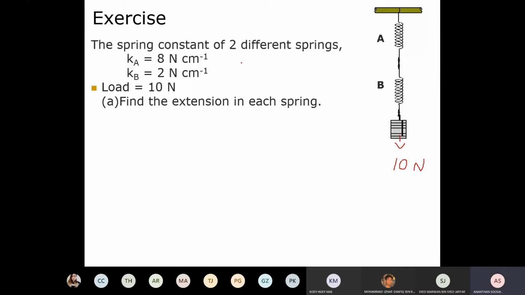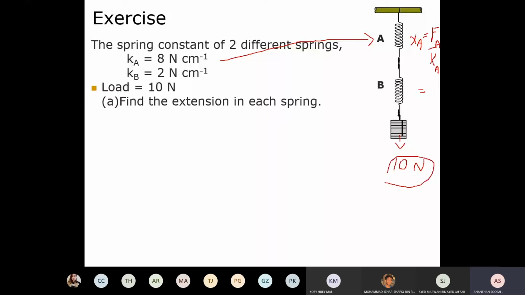So the K of A is 8, and the force is 10. What will the extension of A be? Extension of A equals the force experienced by A divided by the spring constant of A. What is the force experienced by A?